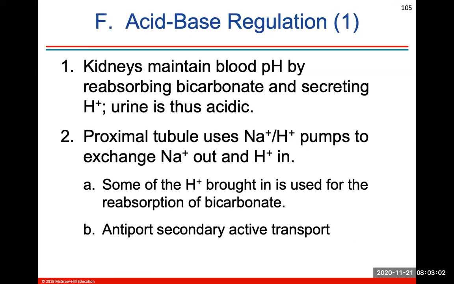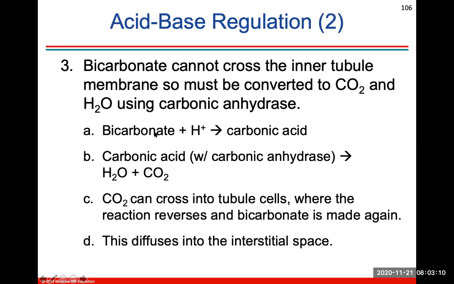Acid-base regulation. Your kidneys maintain blood pH by reabsorbing bicarbonate ion and secreting hydrogen. So urine is usually acidic, and the bicarbonate cannot pass the inner tubule. This takes us through carbon dioxide a little bit and how carbon dioxide plays a role in acid-base regulation.